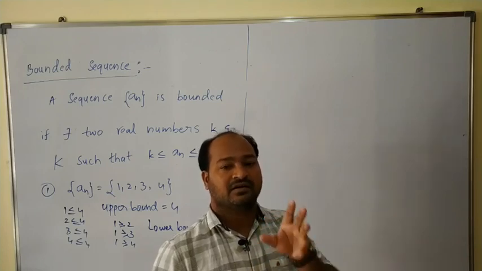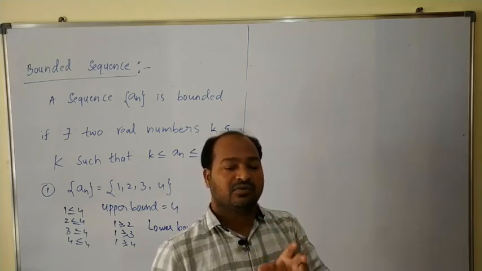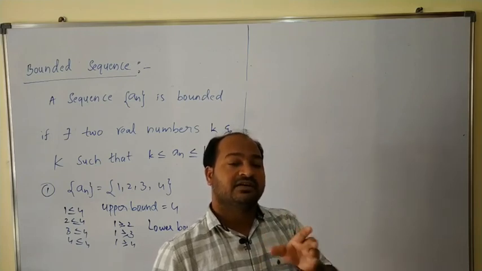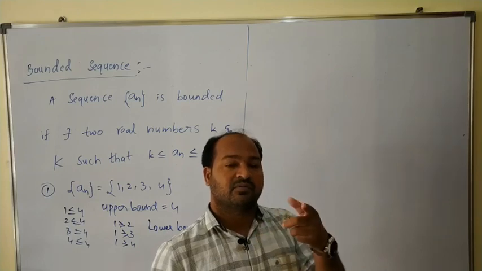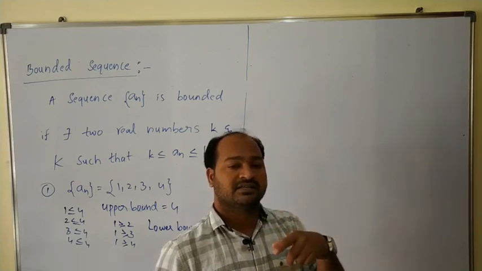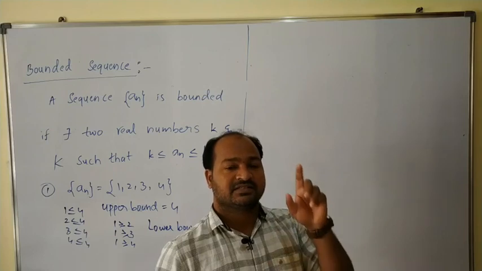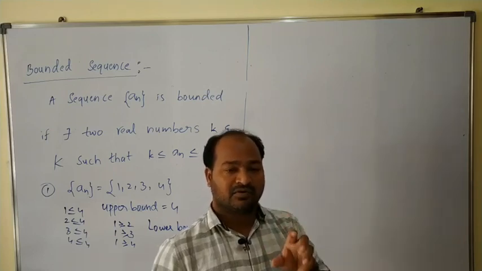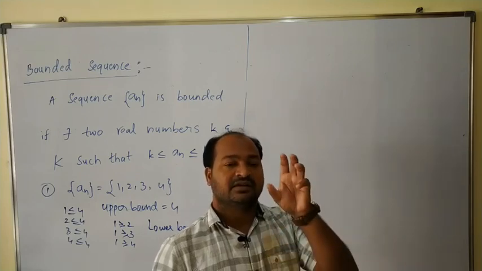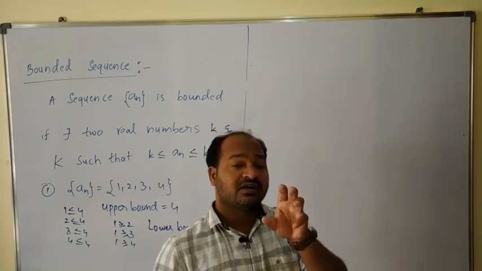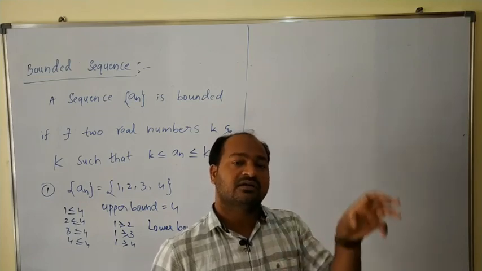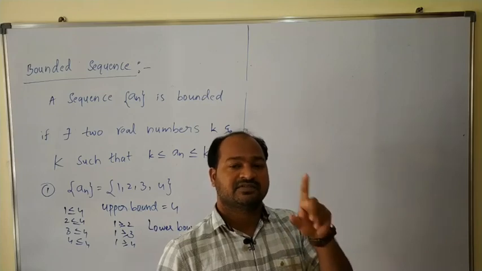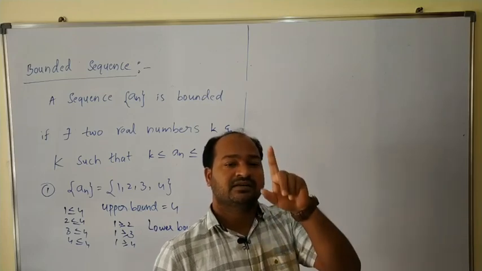Unbounded sequence is nothing but, if at least one of either the upper bound or the lower bound does not exist in the sequence, then such a sequence is called an unbounded sequence.